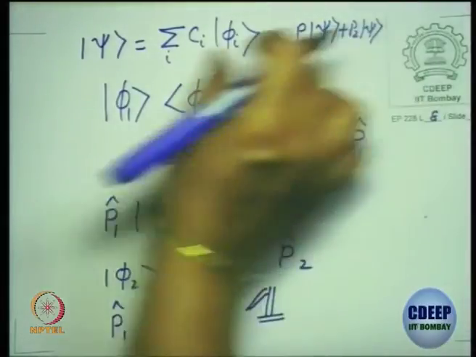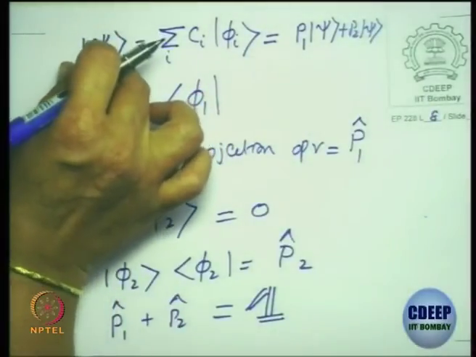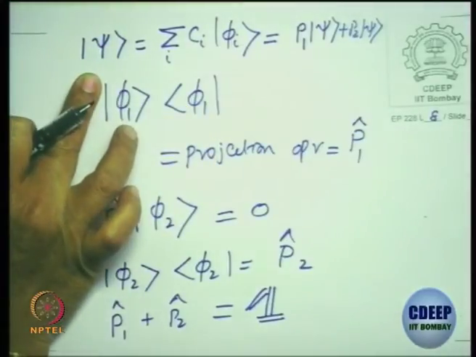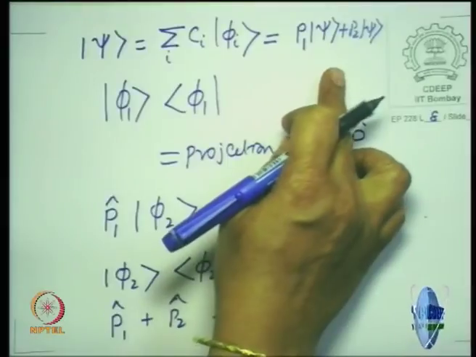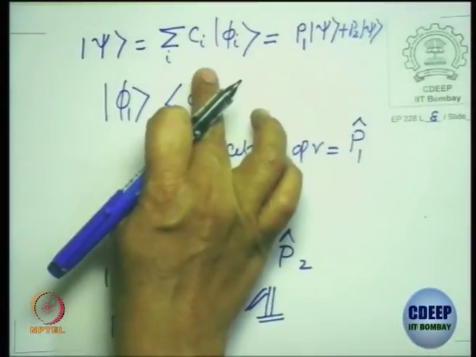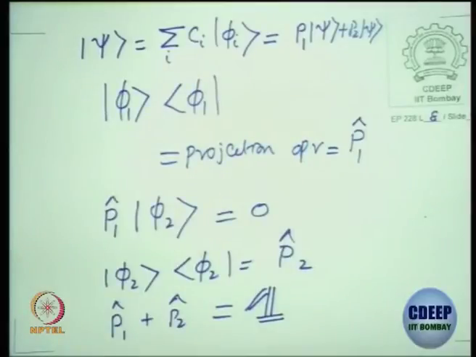Because P1 plus P2 is identity, the state psi is same as this, and this state psi can also be written as a superposition of the basis states with complex coefficients.